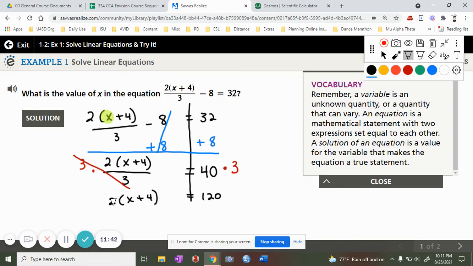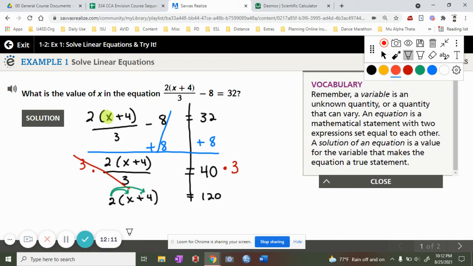We can look at this and say 2 times what number is 120, and you might know that 2 times 60 is 120, and so I know this parenthesis has to equal 60, all right? Or I can use the distributive property to distribute my 2 and then solve. It doesn't matter which of those paths you take.